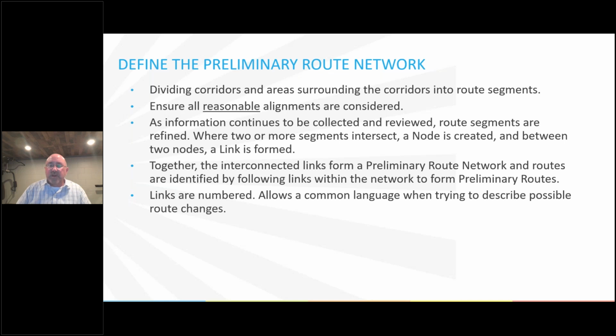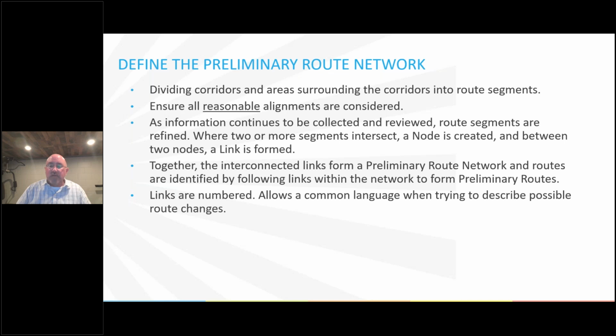As information continues to be collected and reviewed, route segments are refined. Where two or more segments intersect, a node is created. And between the two nodes, a link is formed. Together, the interconnected links form a preliminary route network, and routes are identified by following links within the network to form preliminary routes.